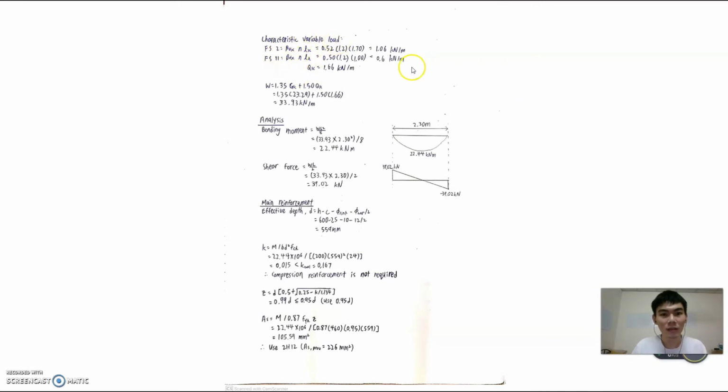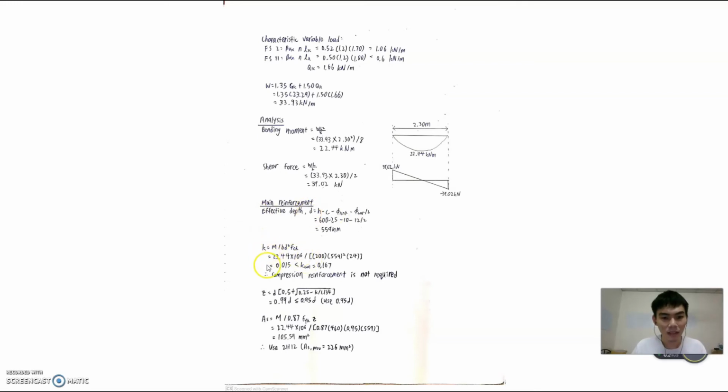So after calculating this, we need to factor it with 1.35 Gk plus 1.5 Qk. So this is our W. So next we calculate our bending moment and draw the bending moment diagram and also shear force diagram.